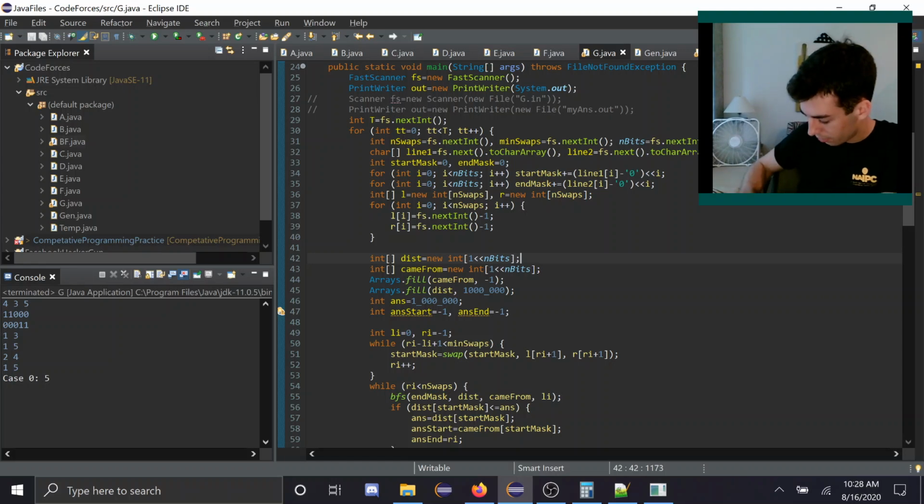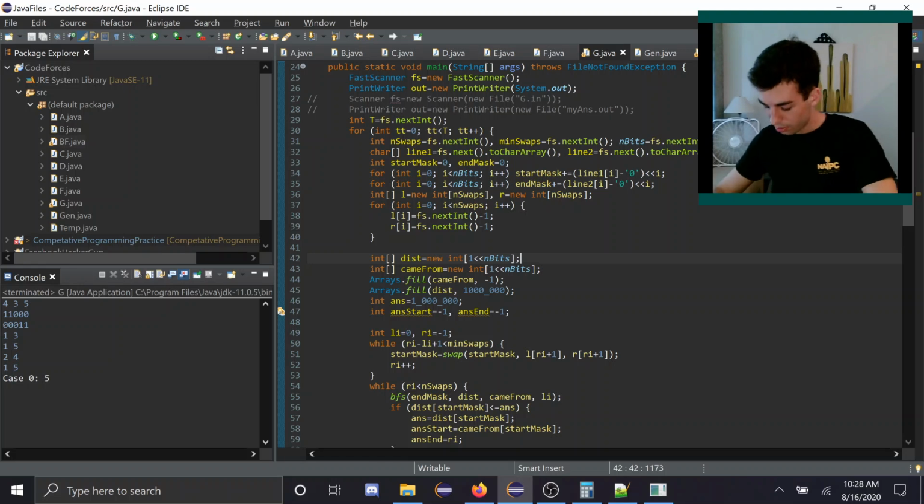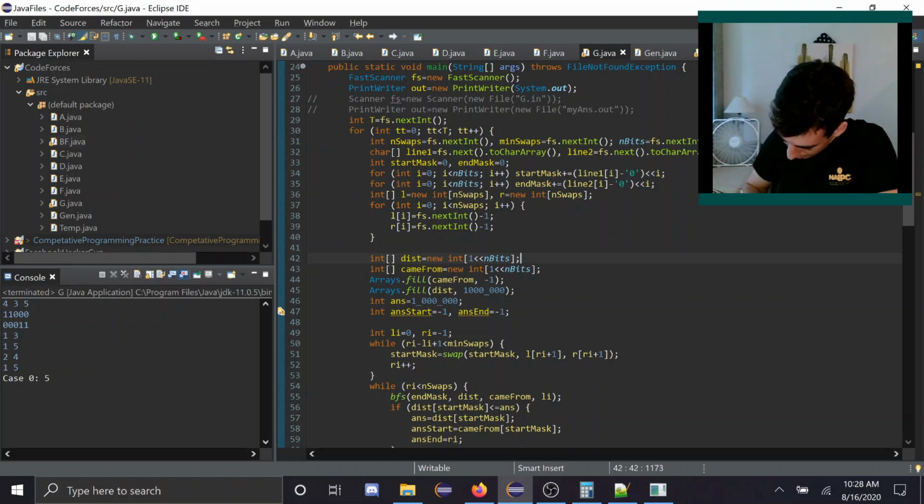Okay, so we can fix this though. How much time do we have? 7 minutes? Maybe we can fix this. So now the end does these swaps. These are from the end.